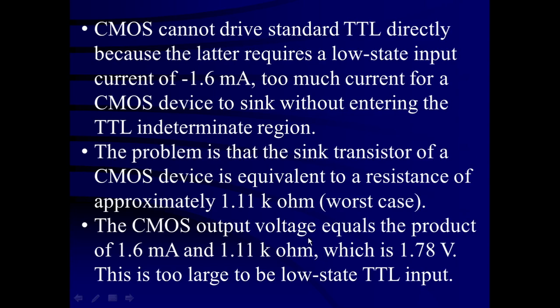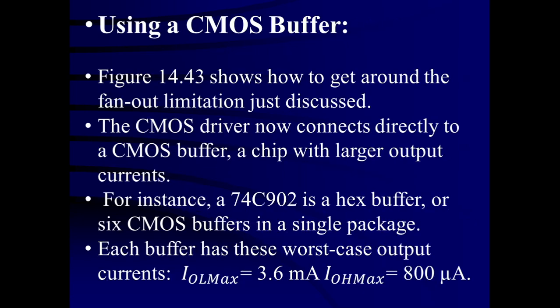So the voltage drop across drain to source is equal to IR, that is 1.11 kilo ohms multiplied by 1.6 milliamperes, which is 1.78 volts. That means VDS will be 1.78 volts, so the CMOS output voltage is going to be 1.78 volts, which is very large compared to the maximum allowable voltage of 0.8 volt for the TTL, and hence it will come into the indeterminate region.